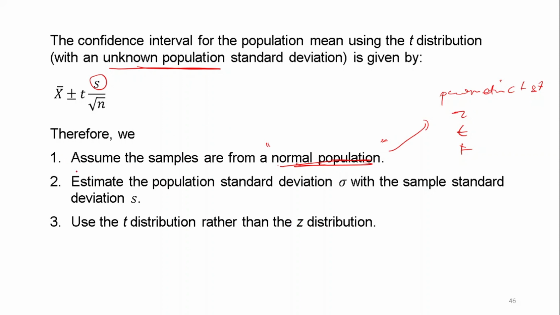So second, estimate the population standard deviation with the sample standard deviation. You need to use S as the point estimate for the population standard deviation. And last, you need to use the T distribution rather than the Z distribution.